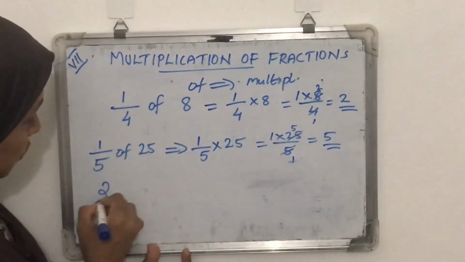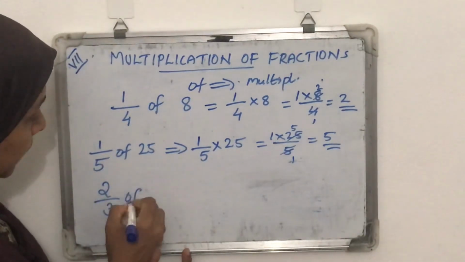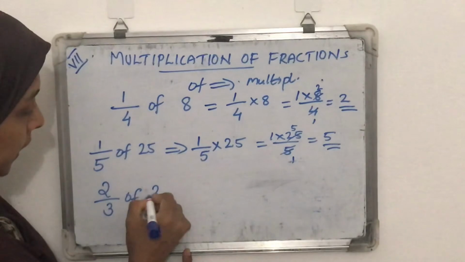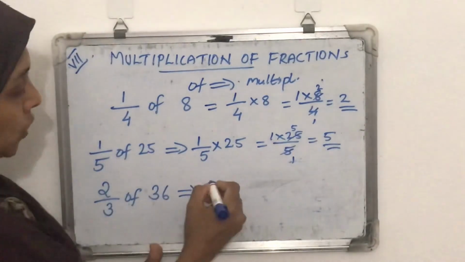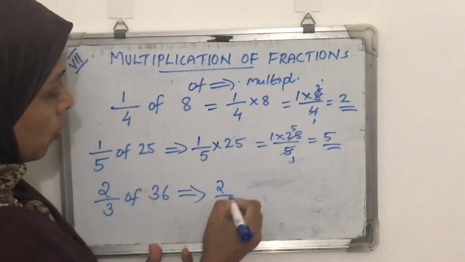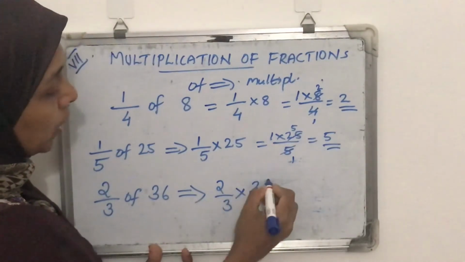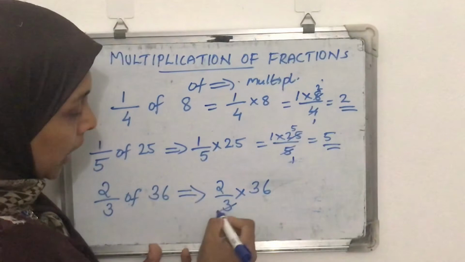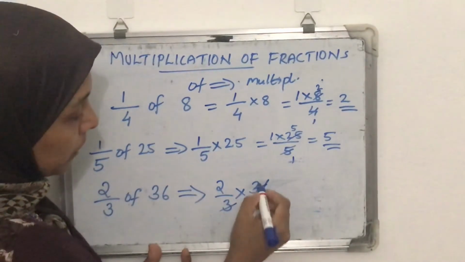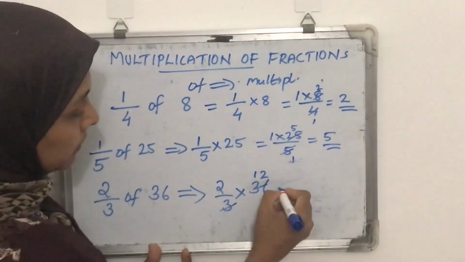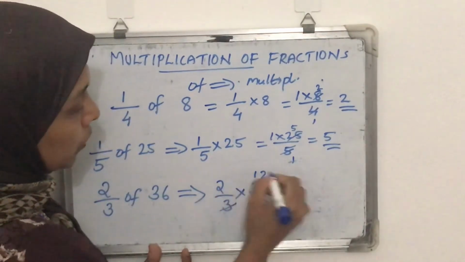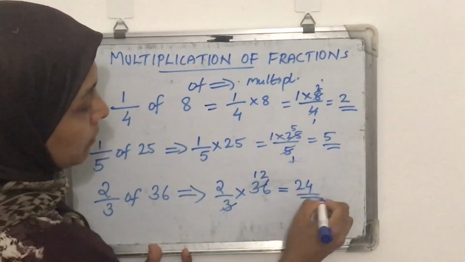What will be 2 by 3 of 36? How can we represent 2 by 3 of 36? 'Of' means into. 2 by 3 into 36. 3 and 36 you can divide, then we will get 12. So 2 into 12 is 24.